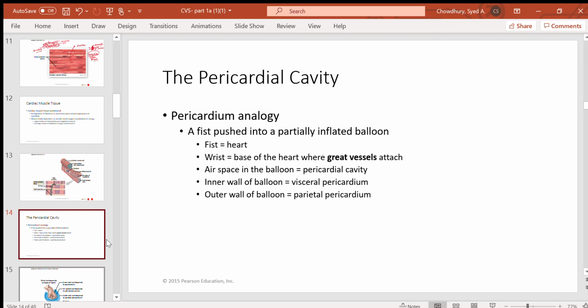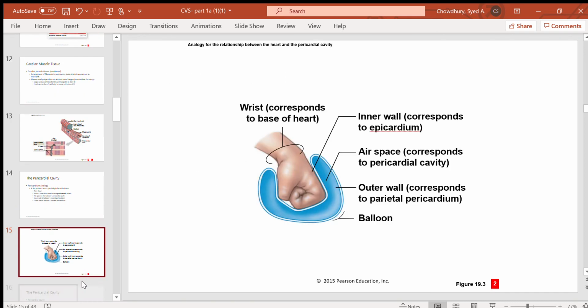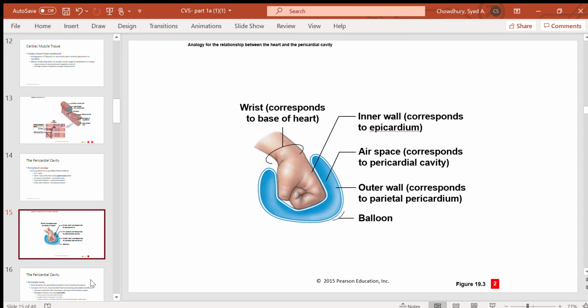So we talked about the pericardium and pericardial space. Here you see I said that balloon, if you press your fist on it, it will look like this, right? And this is the outer layer, this is the inner layer attached to your fist. If you consider this is your heart, this is the visceral layer, forms the outermost layer of the heart wall.